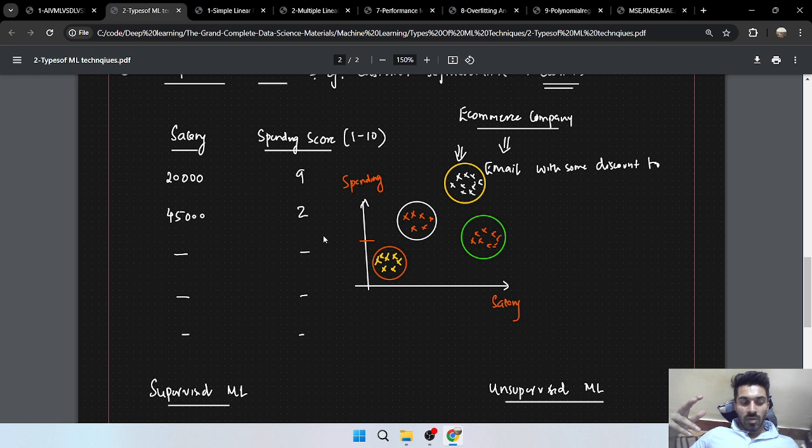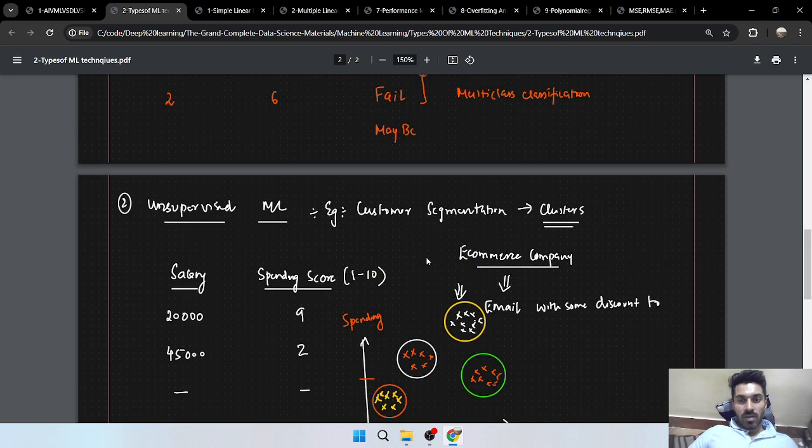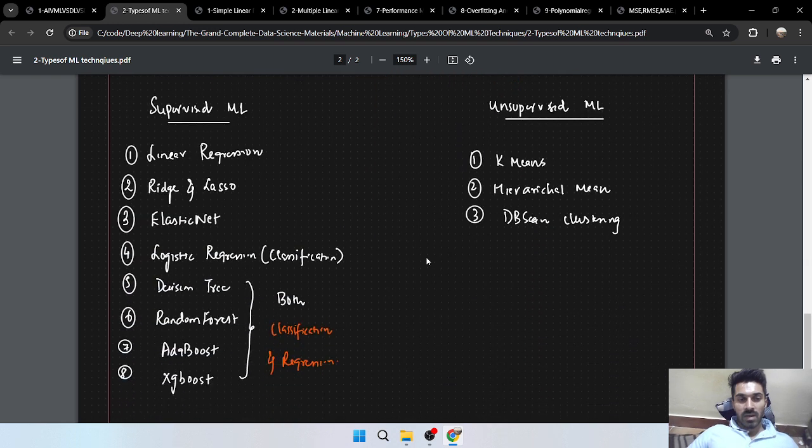Suppose Amazon is a website, they will recommend you something according to this. If your salary is high, then they will suggest products with a high price. Amazon knows your salary, your balance, everything, so they suggest based on this spending score.